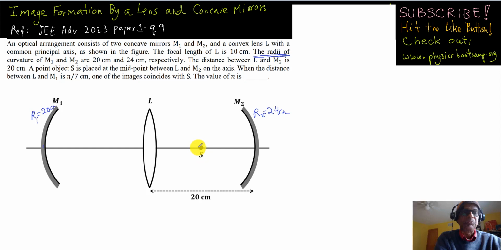An object is placed over here, and the focal length of this lens is 10 centimeters. It's placed at the midpoint, so this is 20 centimeters. From here to here is the focal length, 10 centimeters.